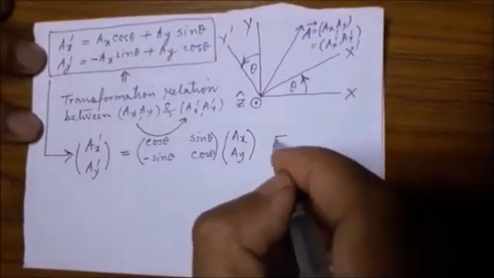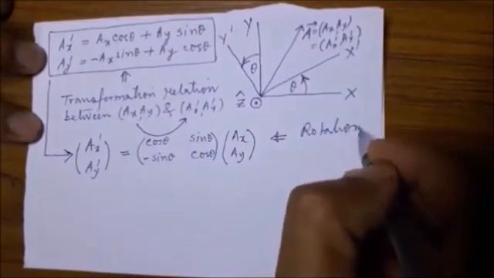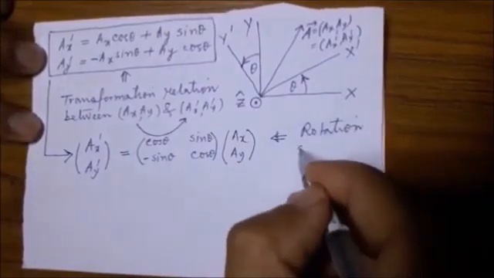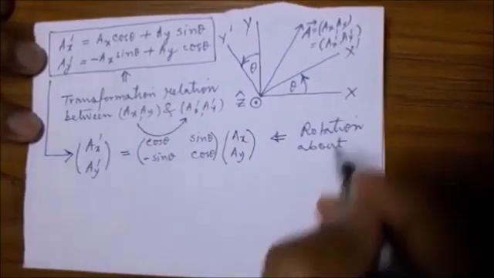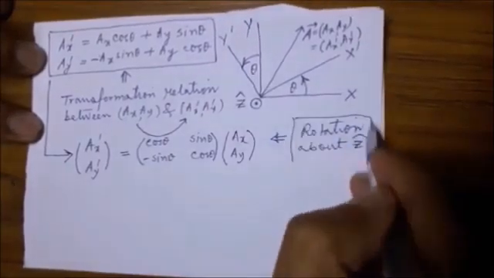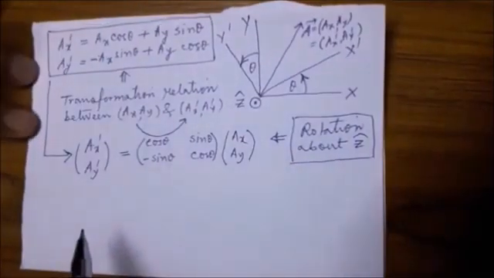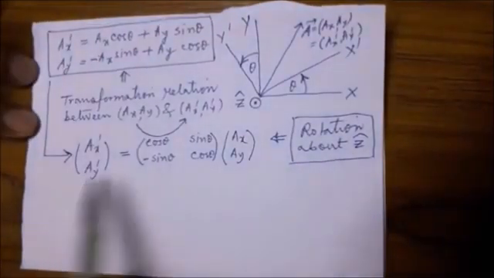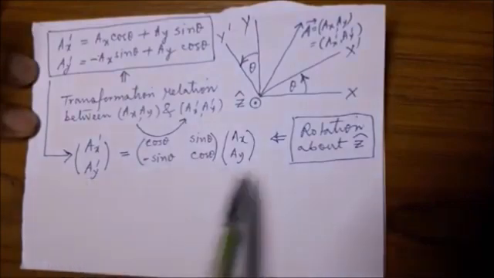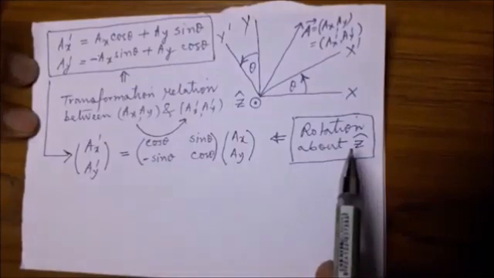Now mind it, this corresponds to rotation about which axis? Rotation about z axis. Now we may be asked to derive the transformation relation with respect to rotation about x axis.